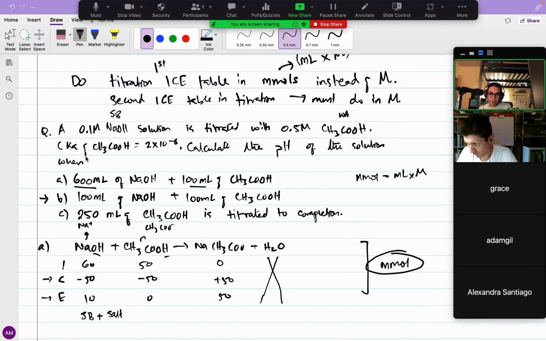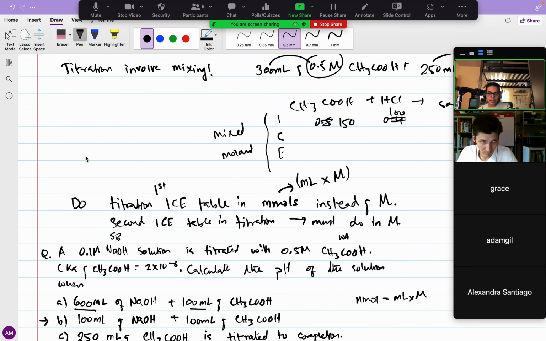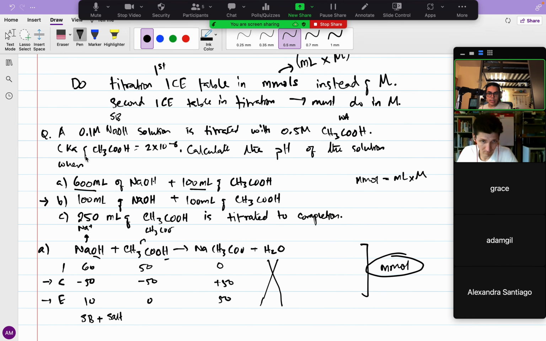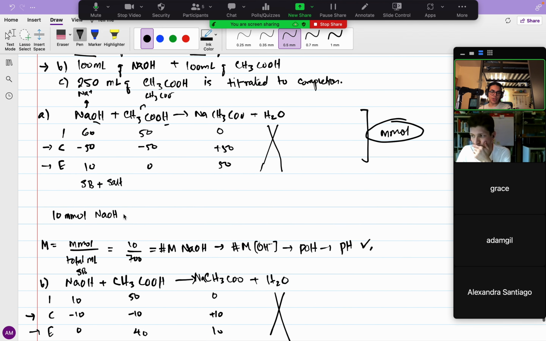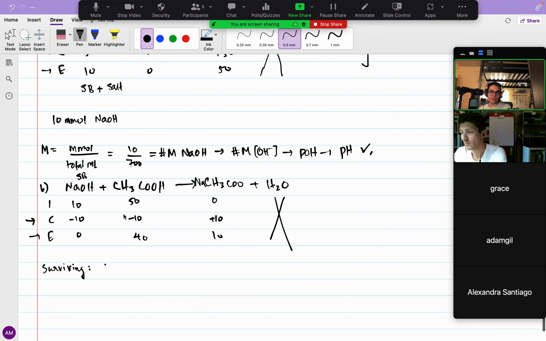Let's go back and see. We had said that NaOH is the strong base and this is the weak acid. It is the weak acid because if you look at your list of strong acids and strong bases, you won't find CH3COOH. So by exclusion, you can figure out that it's the weak acid. Yeah, okay, cool.